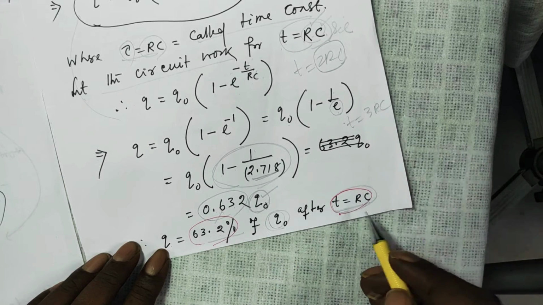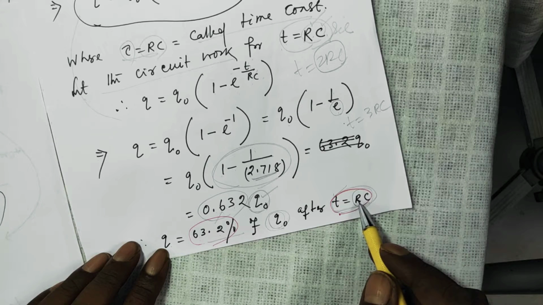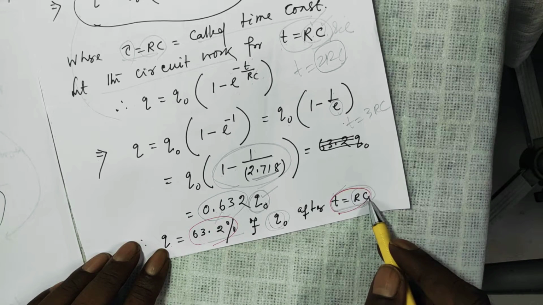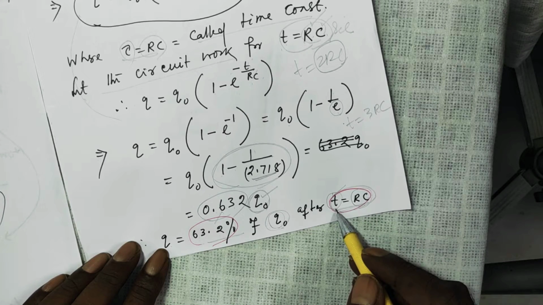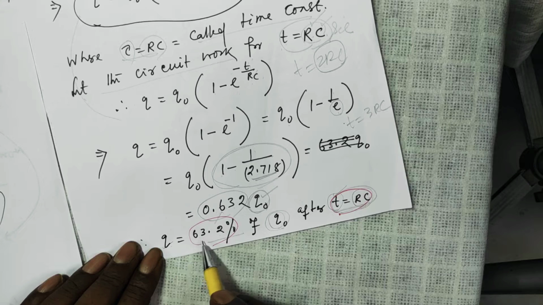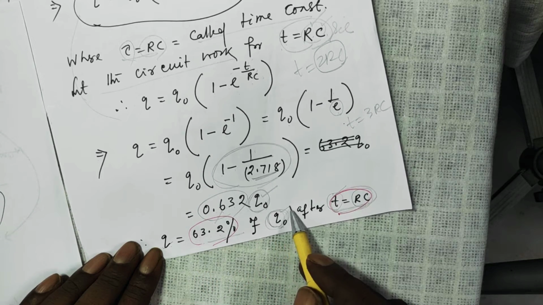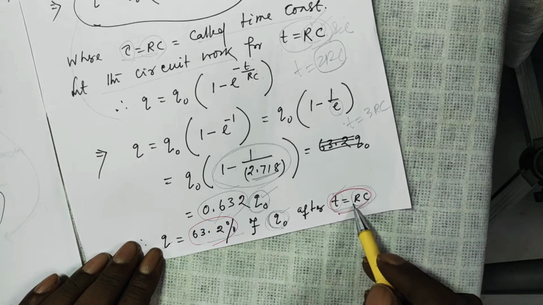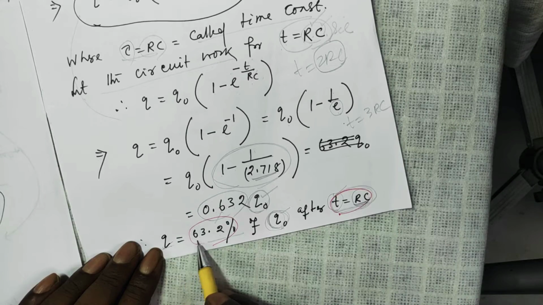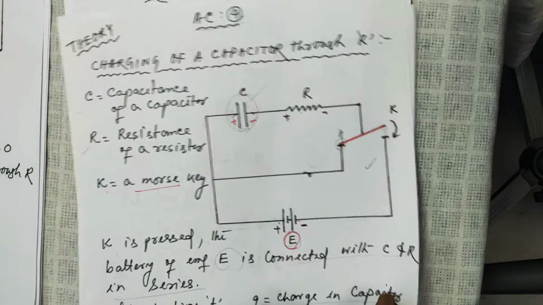Means if you allow the circuit to work for this many seconds, whatever is the value of R and C, if you multiply these two, the charge in the capacitor will become 63.2% of its maximum charge. Means whatever maximum charge it can hold in the long run, after this much time, the charge becomes 63.2%. This is what we had discussed in alternating current lesson 4.